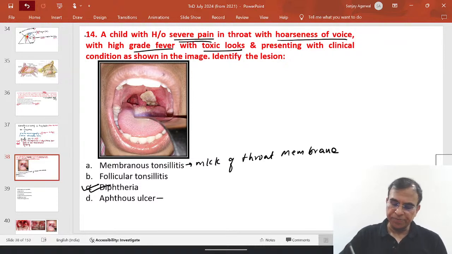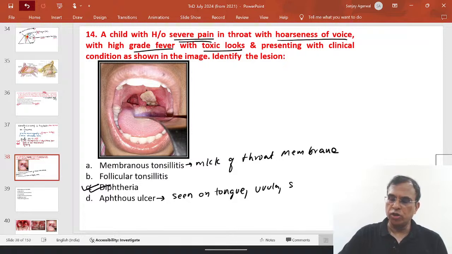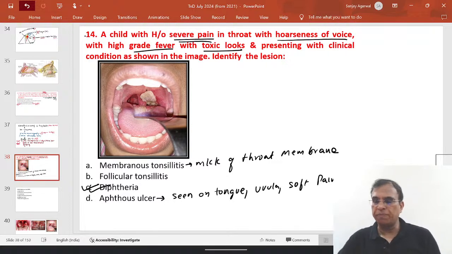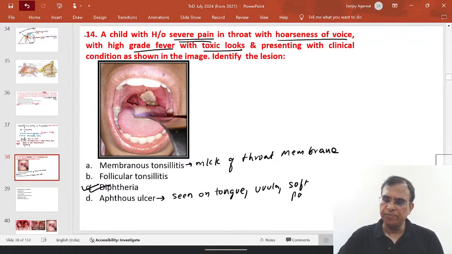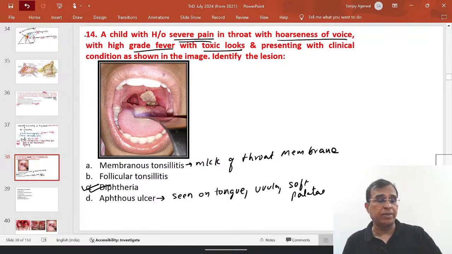Aphthous ulcer is seen on tongue or uvula or soft palate usually, not in the tonsil. This is in the tonsil. Tonsil will never have an aphthous ulcer. But this is coming from the tonsil.